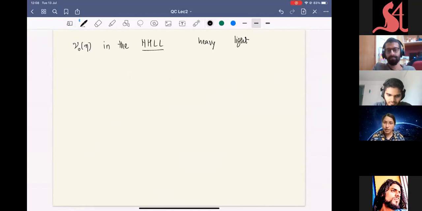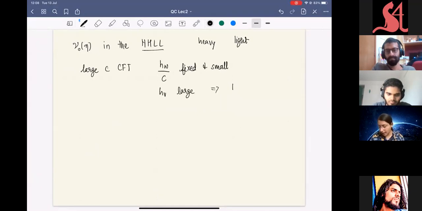What I mean by this limit is that for a large central charge CFT, the conformal dimension of one of the operators is kept fixed and small. For the other operator, it is taken to be large, which means that HV is much larger than 1, but still much smaller than the central charge. In this limit, V0 of eta is just the following function.